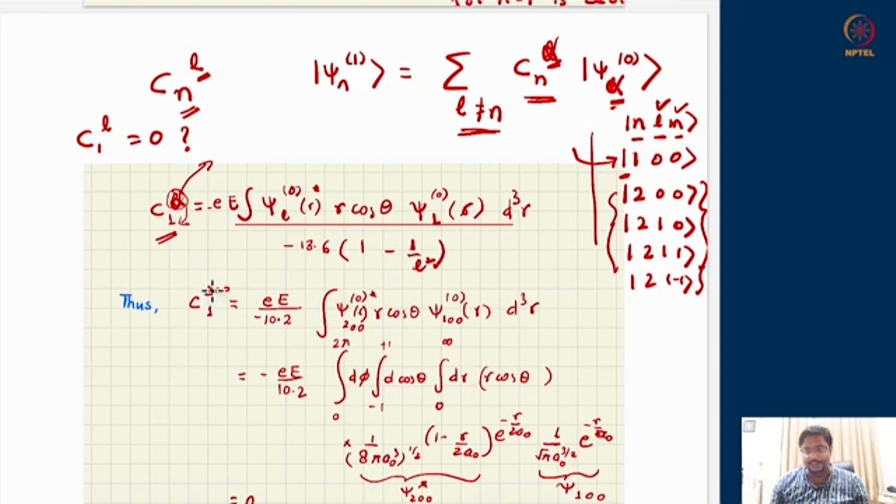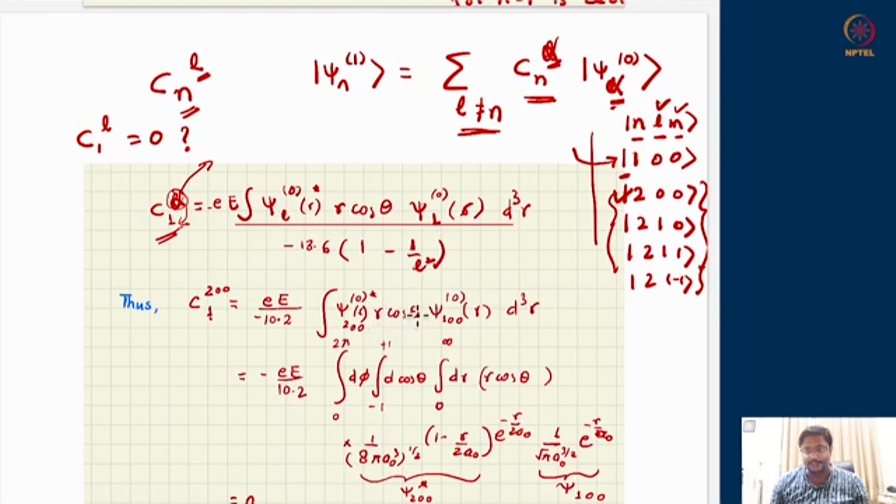So the next value alpha can take is 200. So C1 200 we can compute like here. Here L is now called alpha. Alpha has to be supplied as 200, so I will supply 200 here.